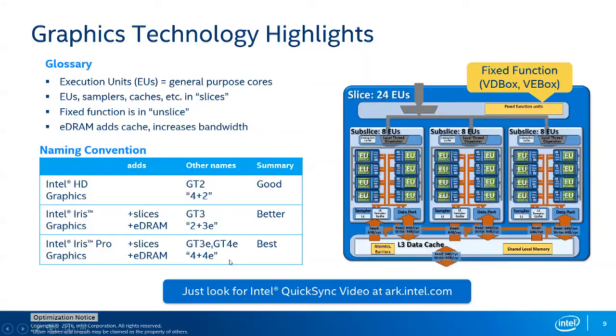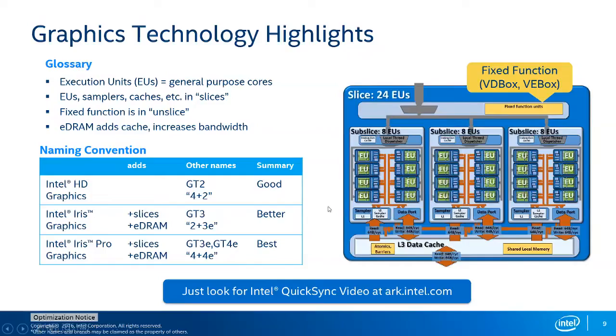So you may see the processors referred to as a 4+2. That's 4 cores GT2. 2+3E is 2 cores GT3, which is 2 of these slices, as we'll see in the next diagram, and EDRAM.